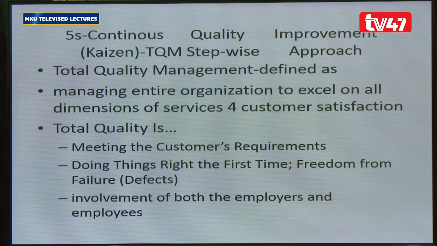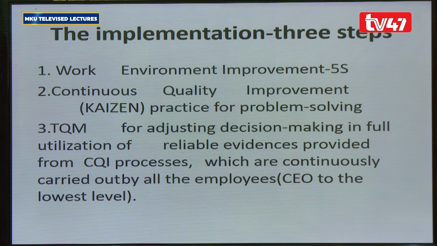This quality has 3 steps. That is 5S, there is CQI, and then there is total quality management. It is done in various steps. The first one is to look at the environment where the people are working.